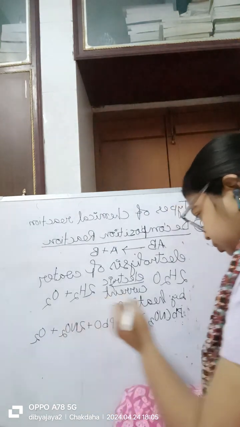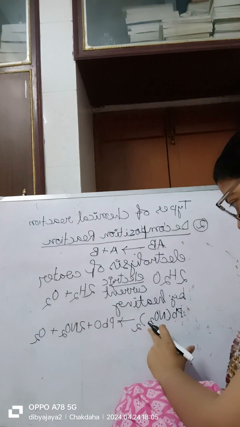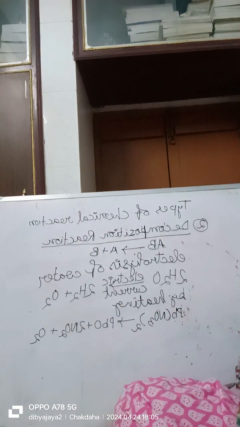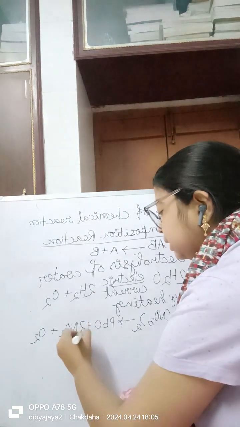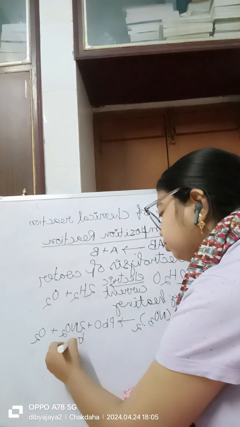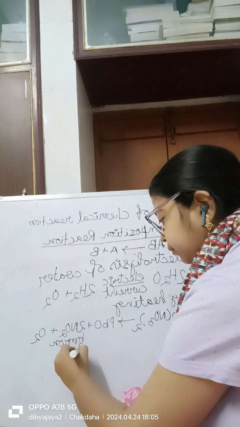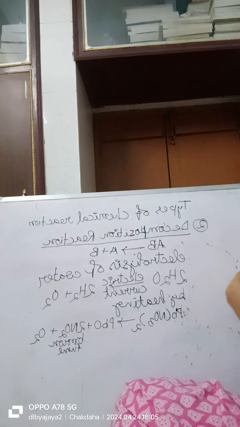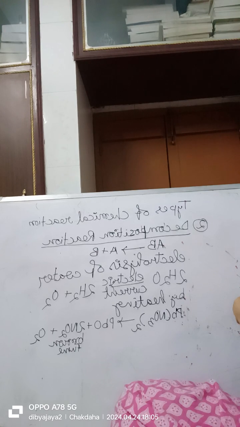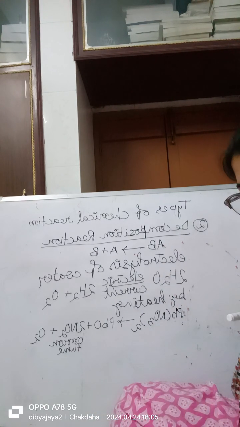Okay, 2, 4, 6, yes, balanced. How can we recognize it? By the brown fume of nitrogen dioxide we can see.